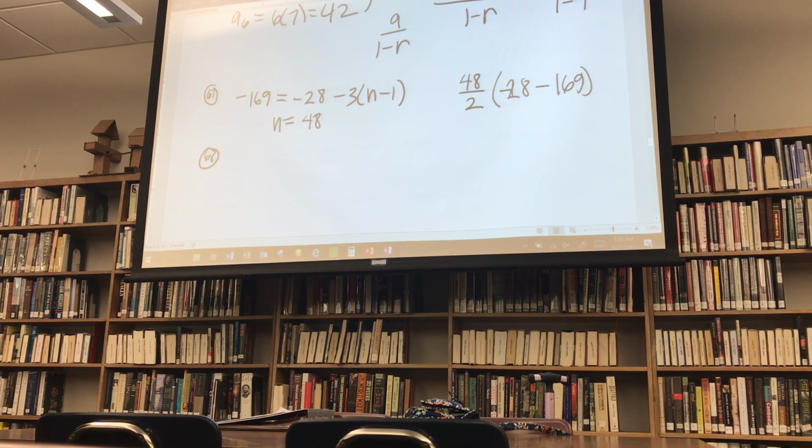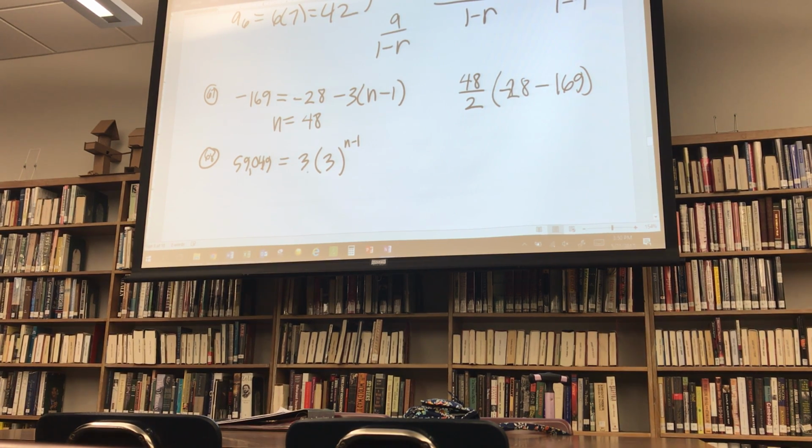Okay. 68 is what kind of a sequence? It's geometric. And so I know this one's a little trickier. The nth term, 59,049, is the first term, which is 3, times the ratio, which is what? 3 to what power? N minus 1.